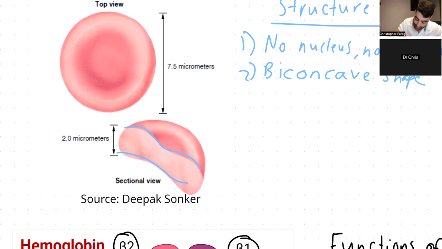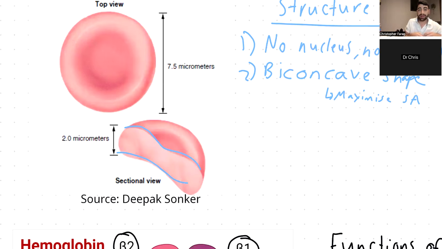And the reason it does that is to maximize surface area. And again, this should make sense. If our whole aim is to allow as much gas to diffuse as we can, to carry as much oxygen as we can as the primary function, we want to have as much area as we can that can be exposed to get that oxygen in.